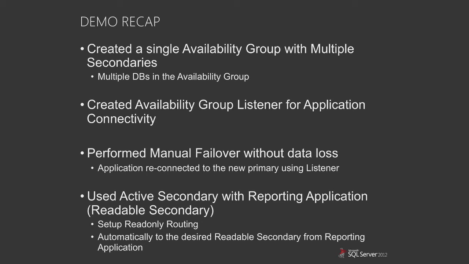I created a listener, which I referenced from my application, and I was automatically able to connect from the application to the new primary. And after that, I also offloaded the read-only application to the readable secondary. So I had my reporting application, which pointed to the readable secondary using read-only routing.